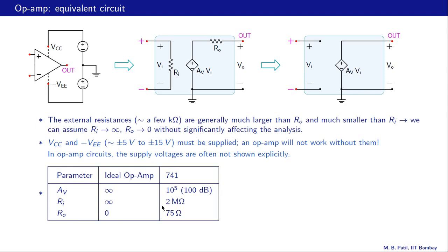For the 741, it is 2 mega ohms. And as we commented, this is still much larger than typical external resistance values, which are in the kilo ohms range. Output resistance RO, that one, ideally 0. For the 741, it is 75 ohms. And again, as we said, it is much smaller than the external resistances.